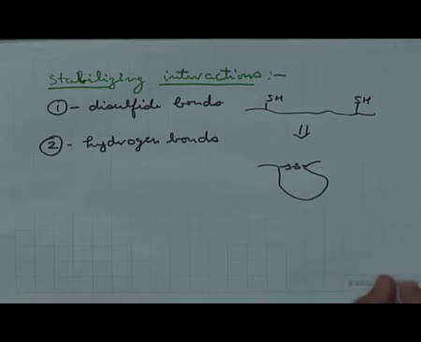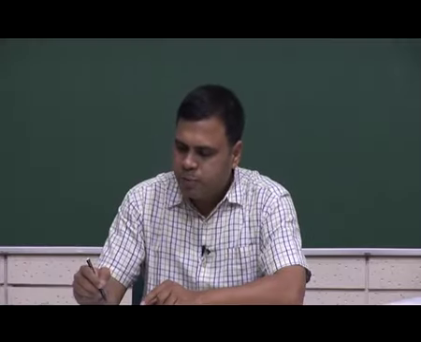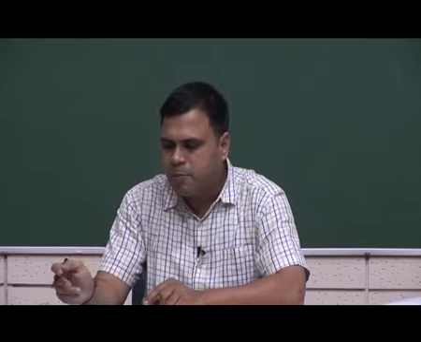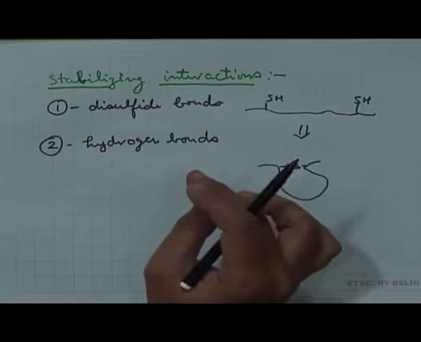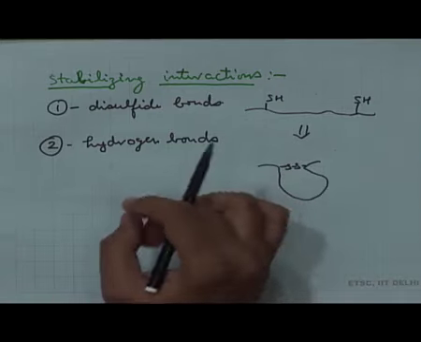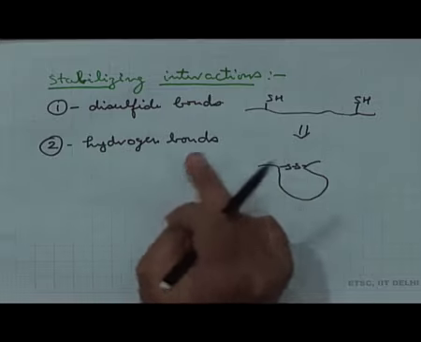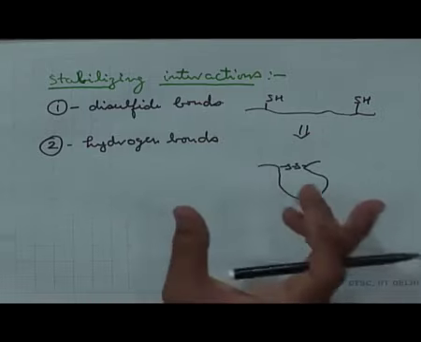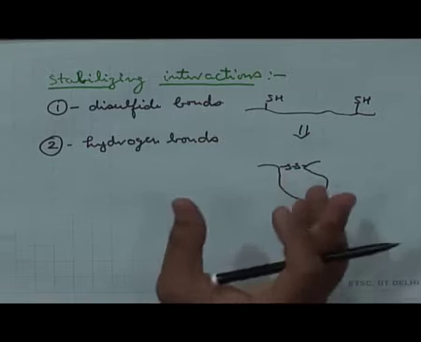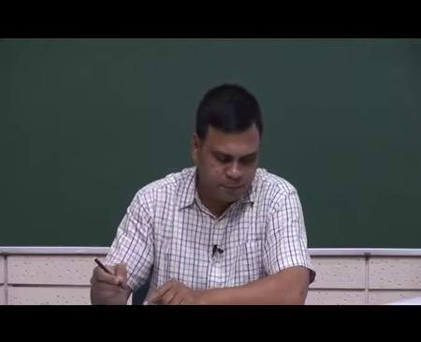So, hydrogen bonds: as I mentioned, basic as well as acidic parts in the same peptide chain can lead to hydrogen bonding. Basically, the carbonyl oxygen and the NH of the amide bonds of two different amide groups can lead to hydrogen bonding. So that possibility also exists.